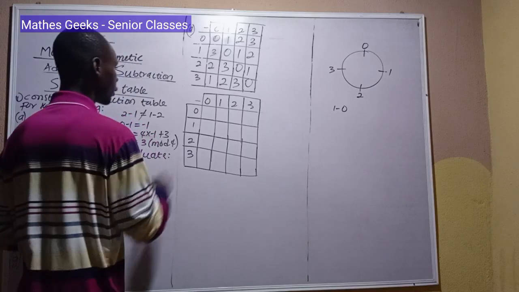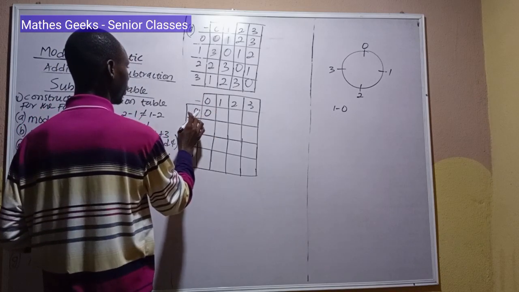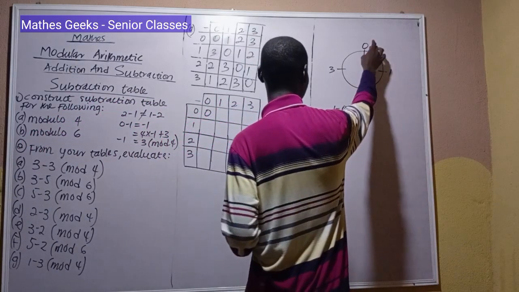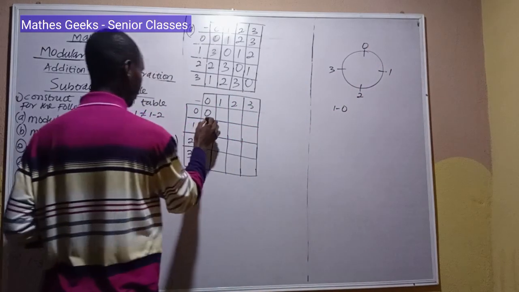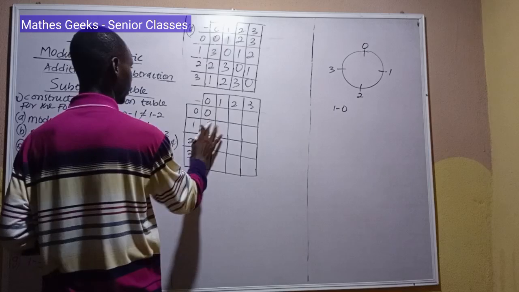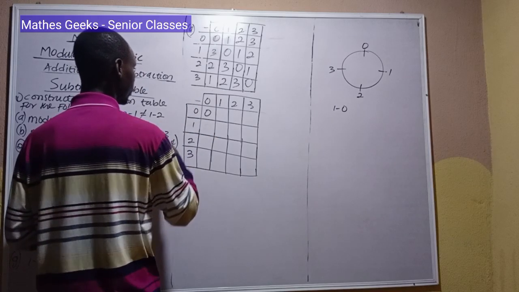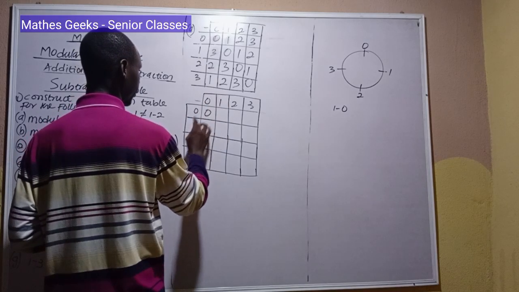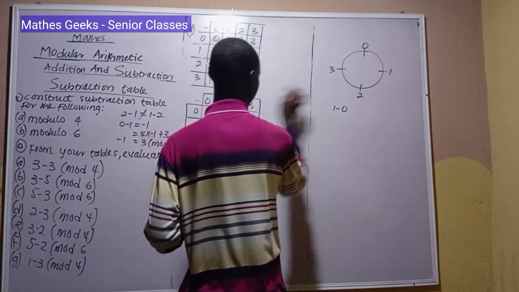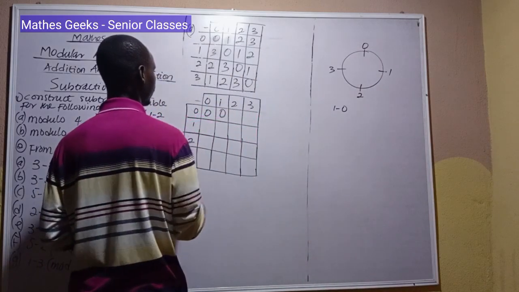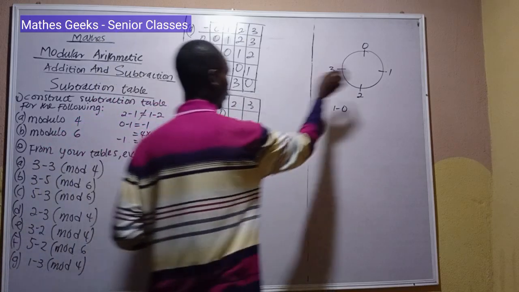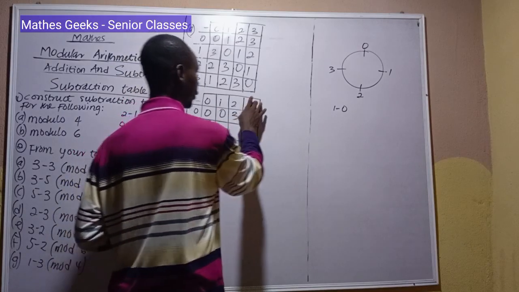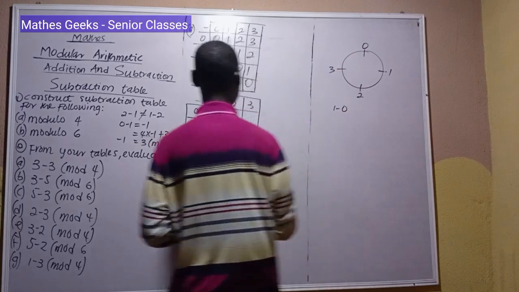So I'm going to start from here. 0 minus 0 is 0. 1 minus 0 means start at 1, but don't make it move. 0 move is equivalent to nothing, so it's 1. 1 minus 1: from 1, move backwards, that's 0. 1 minus 2: from 1, backwards 2 times, 1, 2, 3. 1 minus 3: from 1, 1, 2, 3, that's 2.